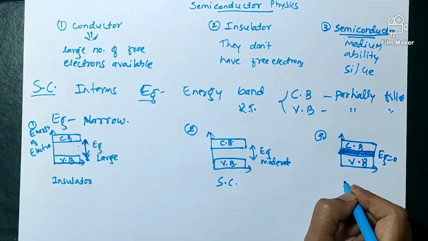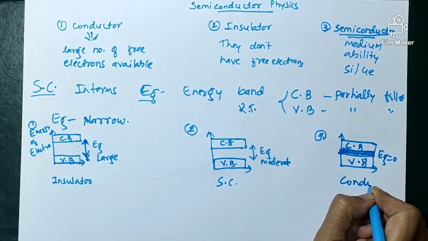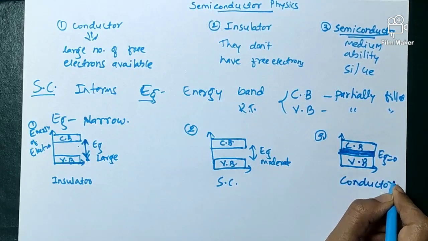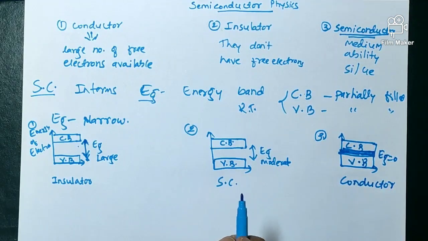So this is the energy band diagram of the insulator, semiconductor and conductor.